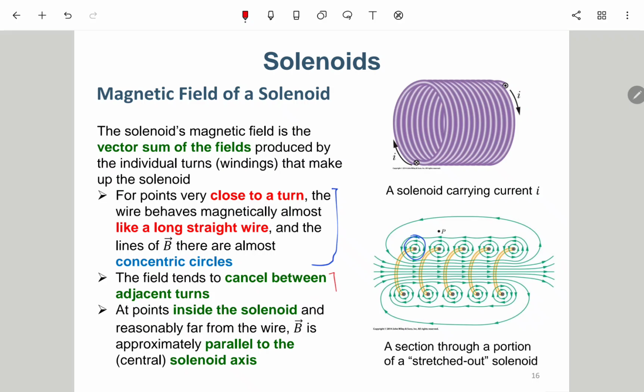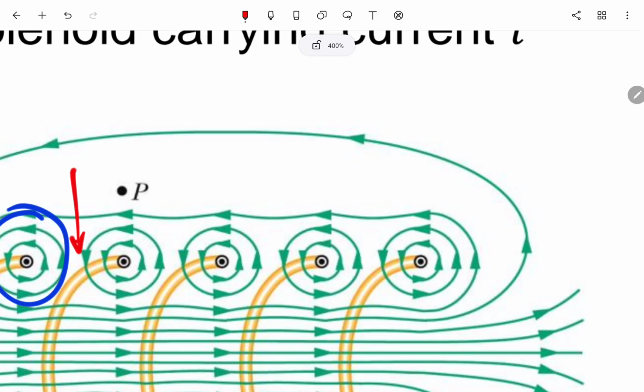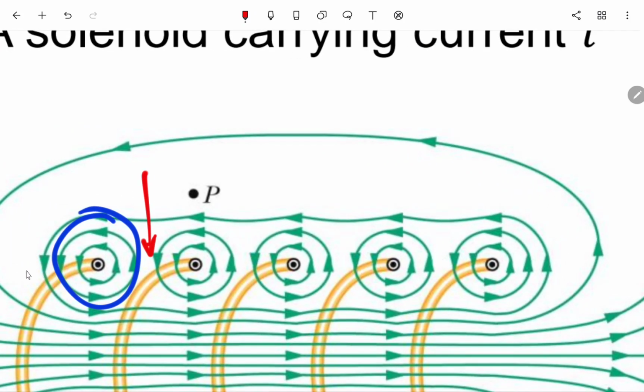Okay, and then for the other part, the field tends to cancel between adjacent turns. So it means the position here, between adjacent turns. Or maybe you can observe here. Because for this one, it would generate B field like this. At this point, the B field generated by this part is pointing upward, and for this part, at this point is pointing downward.